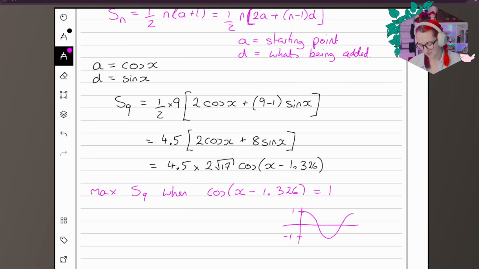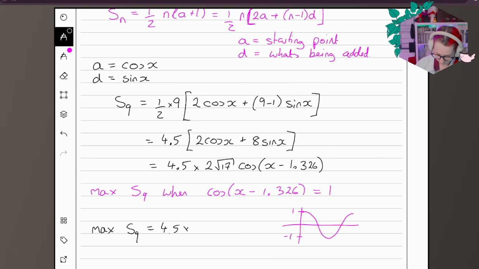So this is biggest when it's equal to 1. It's always going to be smaller than 1. So if this is equal to 1, then the maximum value S9 can have is 4.5 times 2 root 17, which is 9 root 17.